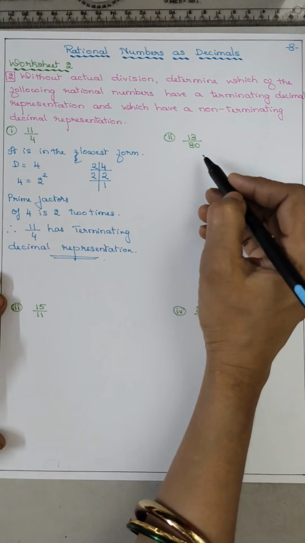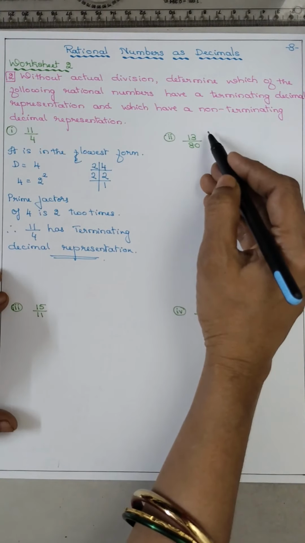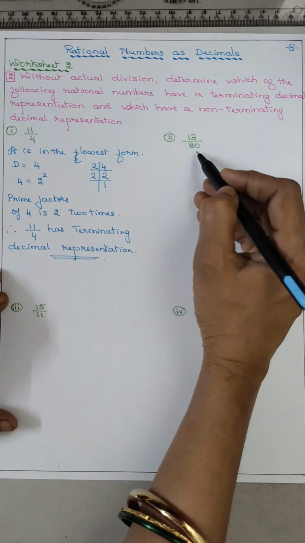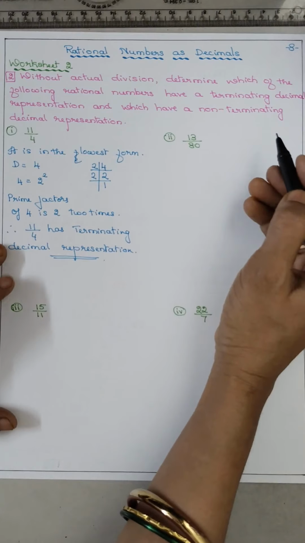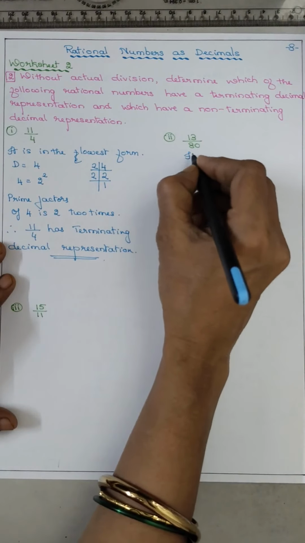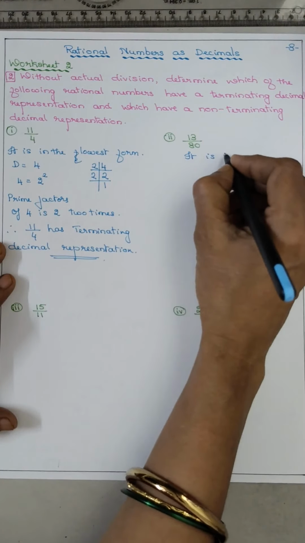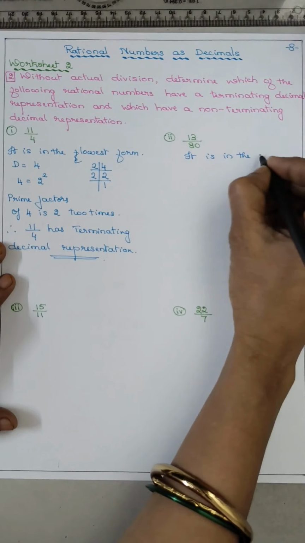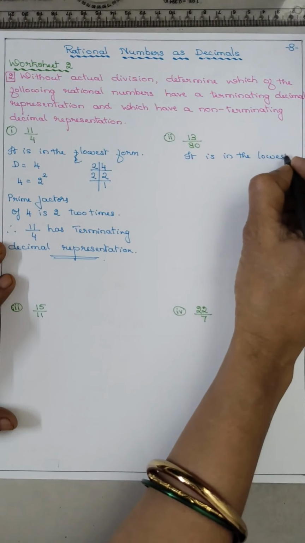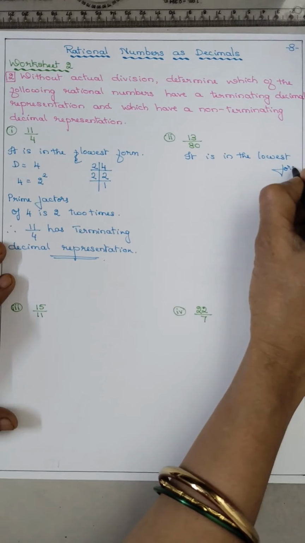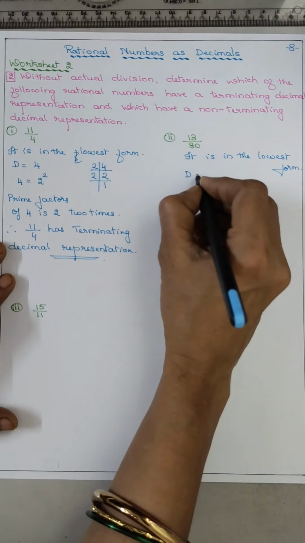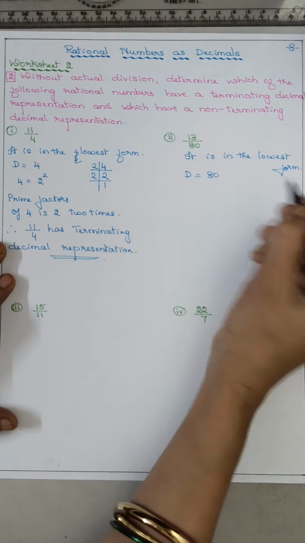Now 13 and 80. 13 is a prime number. 80 will not come in the table of 13. So it means it is in the lowest form. So first step, it is in the lowest form. Now what is the denominator? 80.